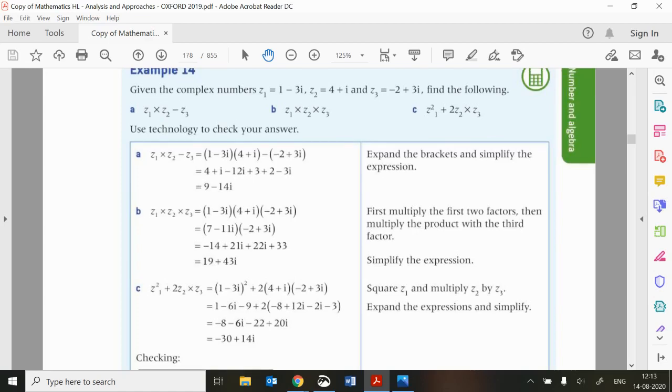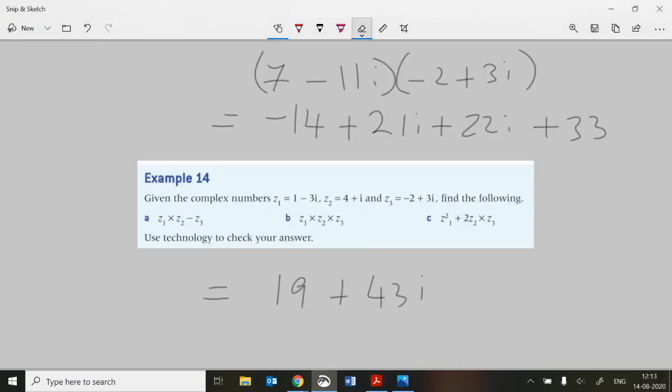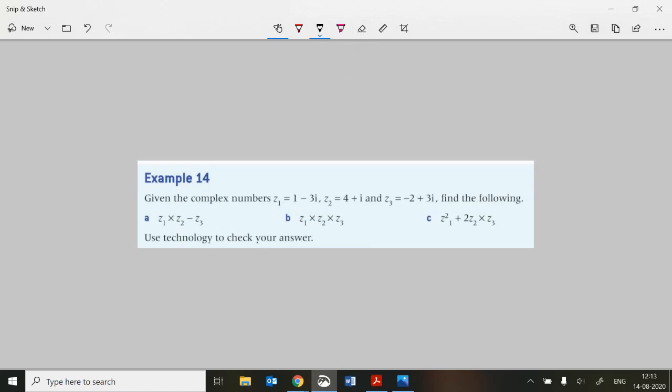Okay, and for the last one then, so these are fairly straightforward. So we've got Z1 squared, square of this, do this, and then we've got 2 lots of, and then we've got the other 2 ones to minus 2 times together.